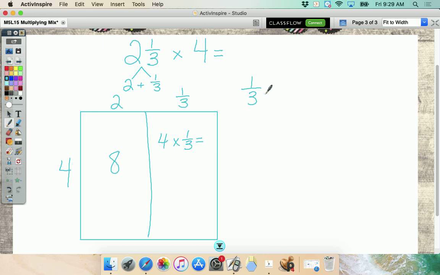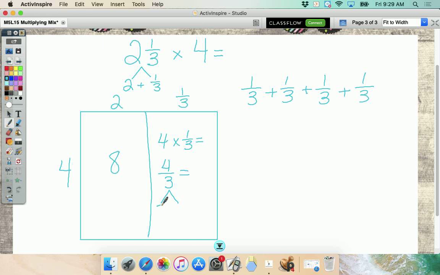Don't write this down, but I'm going to give you a visual because this seems to be confusing the kids today. So what's the answer? 4/3. Okay? Now, that's an improper fraction, isn't it? So I'm going to change it to a mixed number. Everybody write this. I'm going back to the way you learned it.